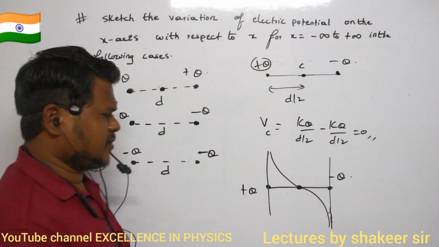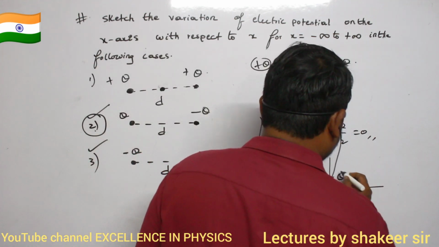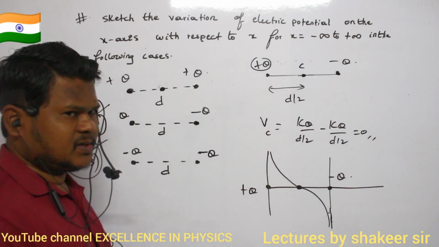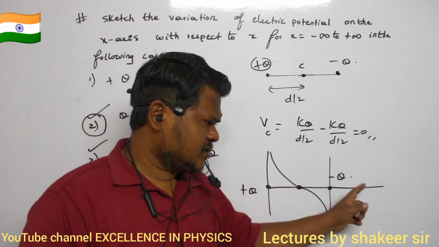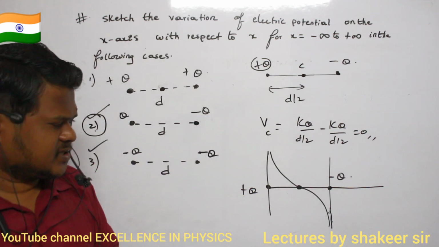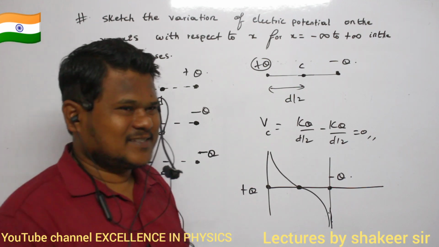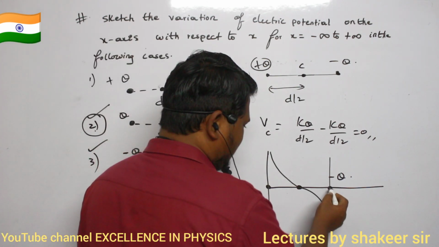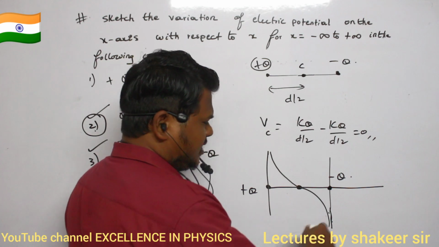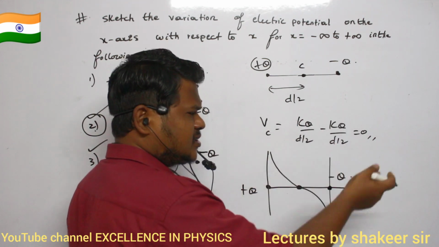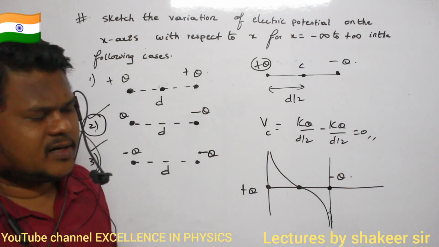Are you able to understand? Then what about the potential on the right side of the negative charge? Again same concept: potential at the charge will be infinite, and as you move away from the charge, potential continuously decreases and finally becomes 0.